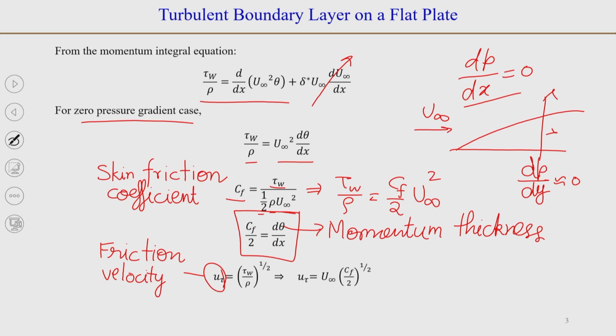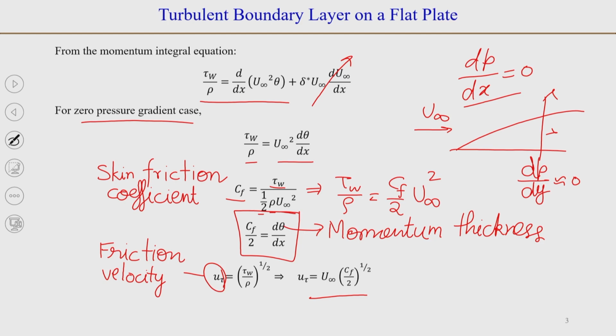So, from tau w by rho, we can use Cf by 2 u infinity squared. So, u tau will become u infinity Cf by 2 raised to the power half. Again this has an assumption that dp by dx is equal to 0. So, we cannot use it always, only when dp by dx is equal to 0, then we can use u tau is equal to u infinity square root of Cf by 2.